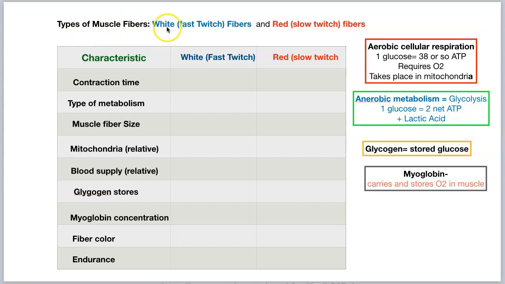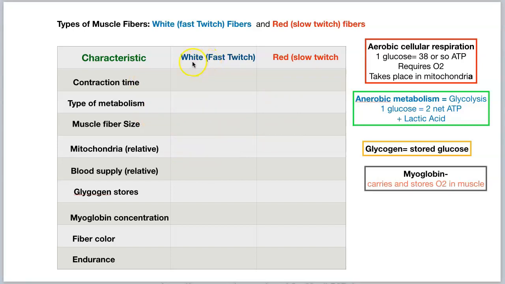There's going to be the white fast twitch muscle fibers and red, aka slow twitch muscle fibers. You don't need to memorize this. You need to understand it. If you understand it, you can easily fill these out.